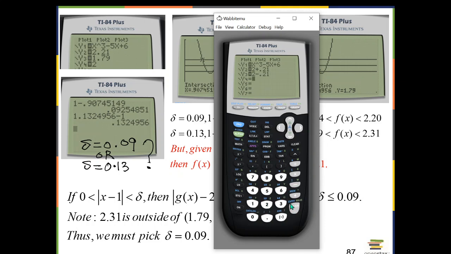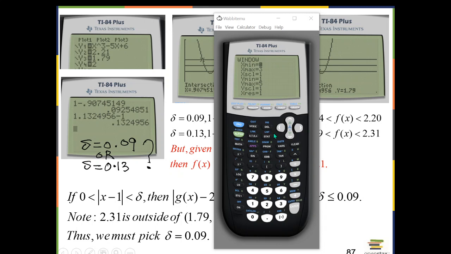0.21, right? That's it. And then I'm going to go to window and make sure that I have enough room for x and y values. So x values here go to, it's from 1, right? X values is from 1 because the limit is around 1.